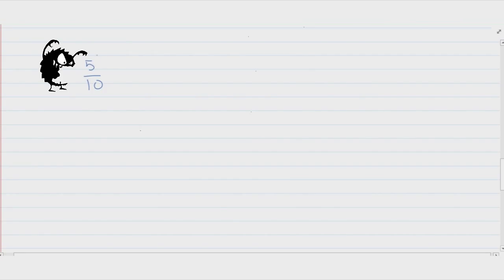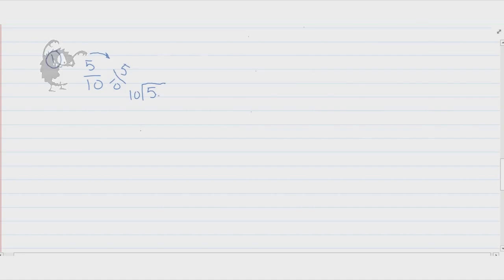So the monster comes up and he tips the fraction over. And as you can see, the fraction falls over. And the 5 lands here, and the 10 lands here. And the 5 says, oh no, someone save me. And the 10 says, build a house. And so the 5 builds a division house. And now you have your long division problem.